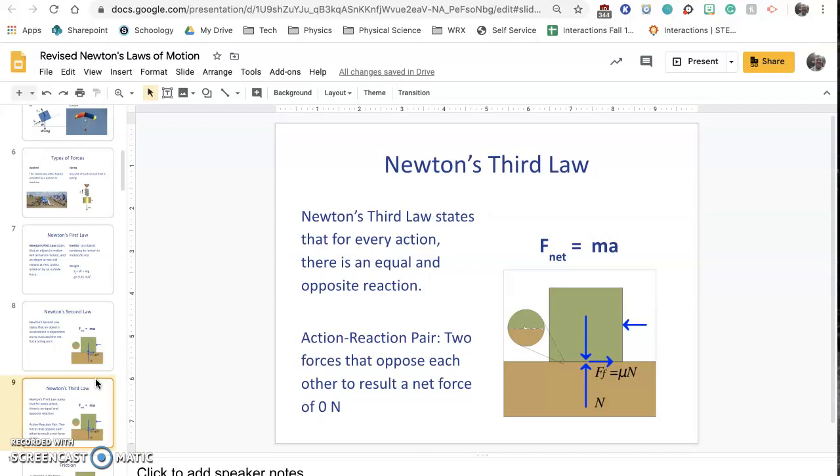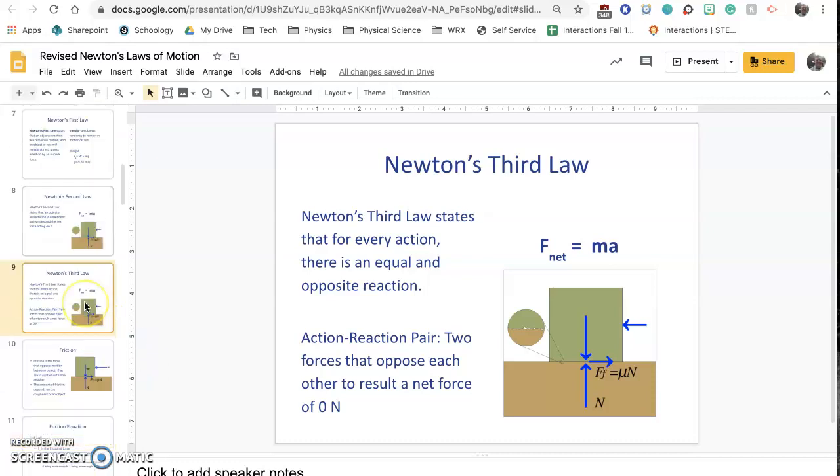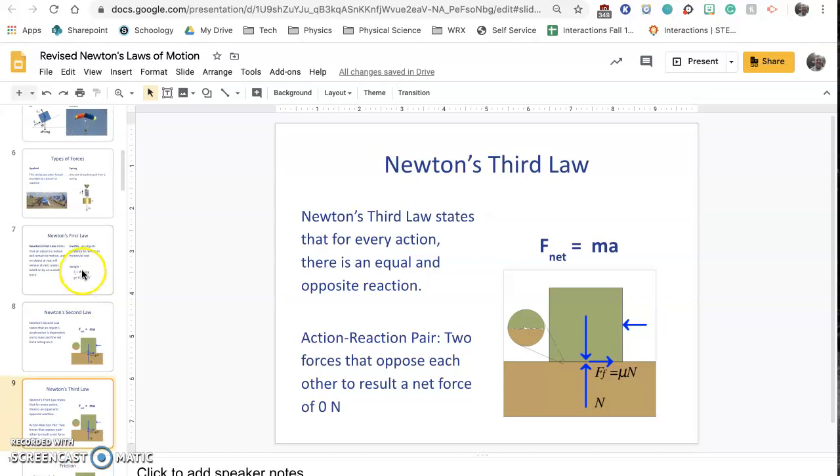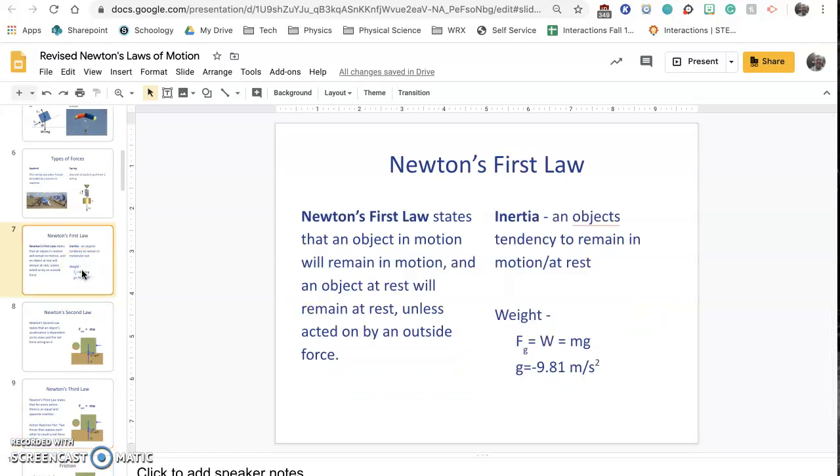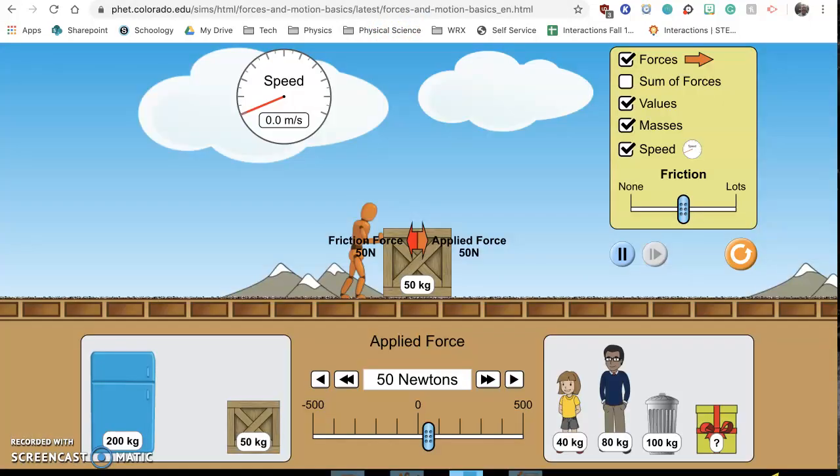Getting into our third law, it is stating for every action, there's an equal and opposite reaction. We have these things called action-reaction pairs, which are just forces that oppose each other and essentially cancel each other out.